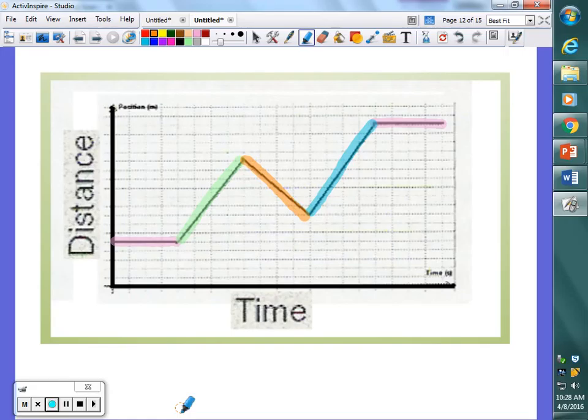Question number 1. There's 2. These are both true-false questions. Now, I might not state them as true-false questions. I might turn them into multiple choice or something like that. So, question number 1: true or false?